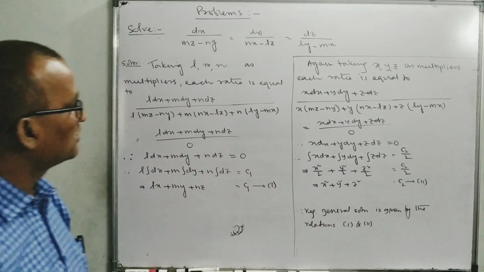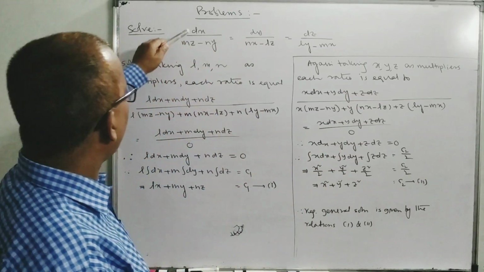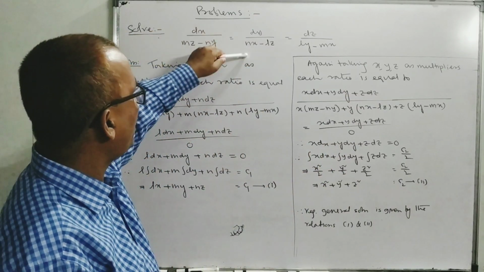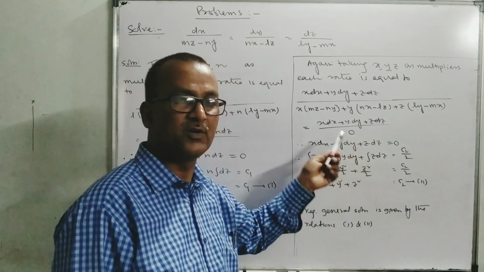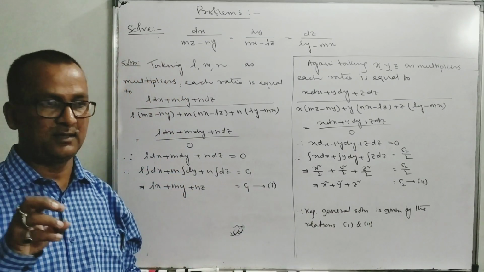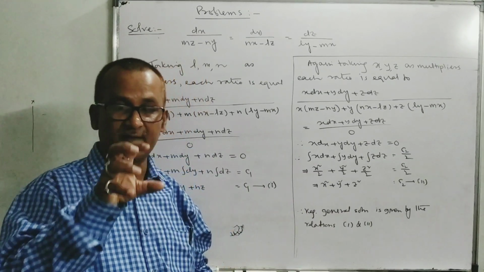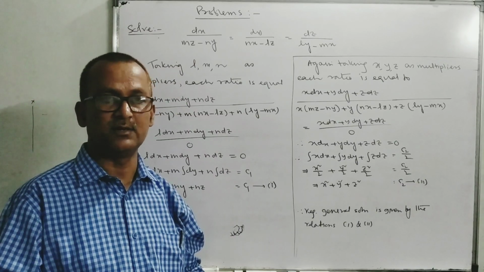Again, we choose another multipliers x, y, z, because if you multiply by x, then y, then z, and add, then the lower part becomes 0. So here the multipliers are x, y, z. They can be obtained by observing the problem. Our aim is to make the lower part 0.